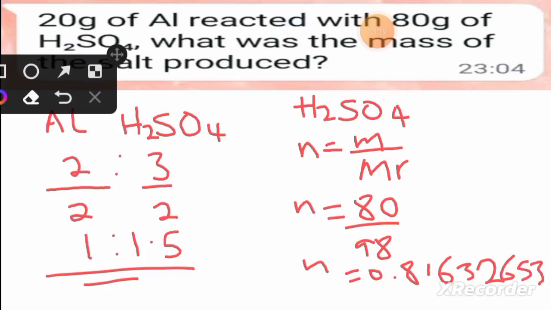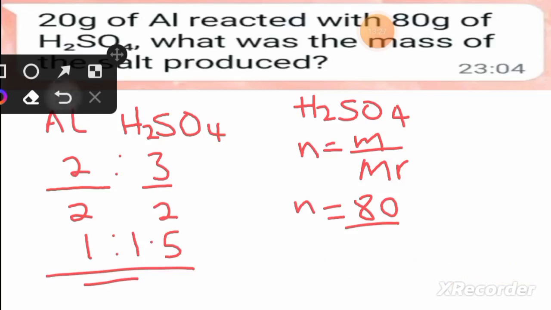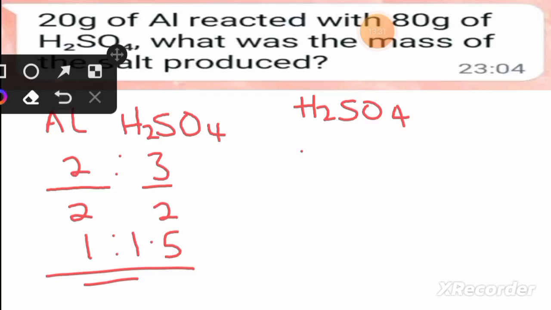Now let us come up with the new ratio. We compare it to the original ratio so that we can identify the limiting reactant. So we are going to start with the aluminium, then here we are going to write the sulfuric acid.